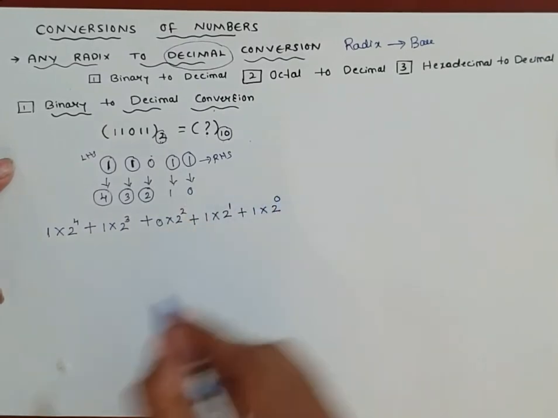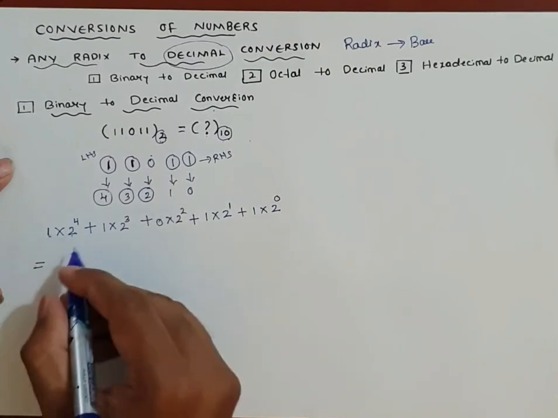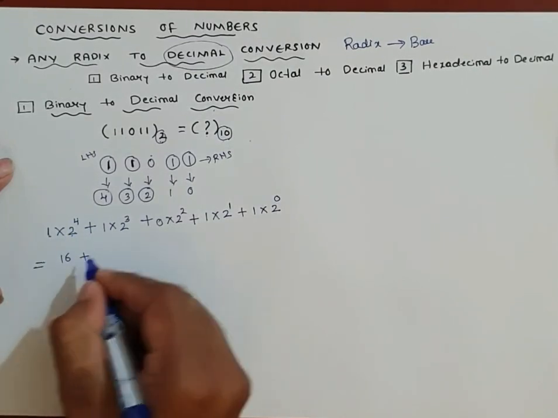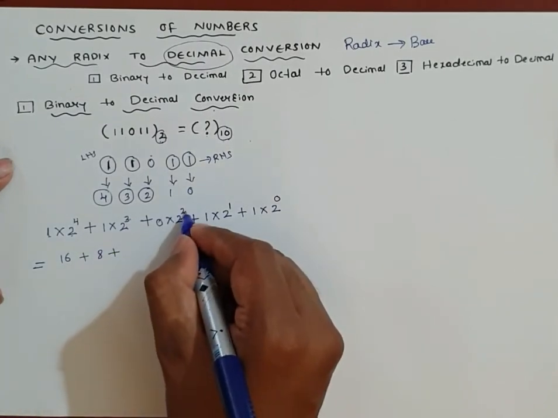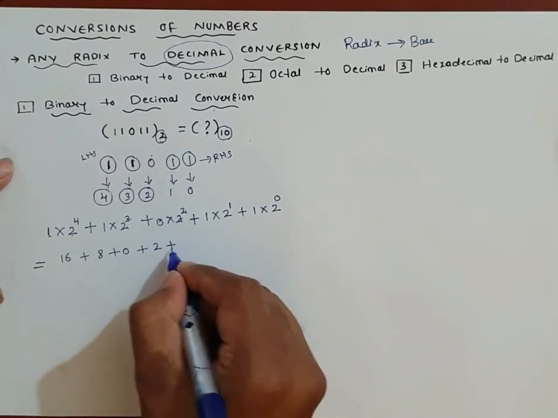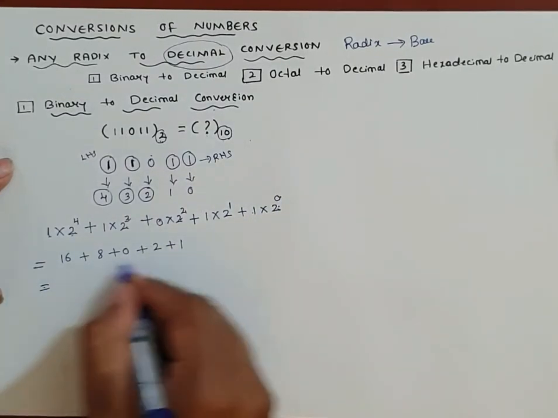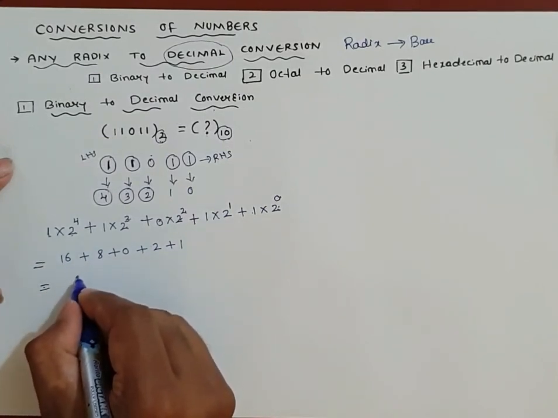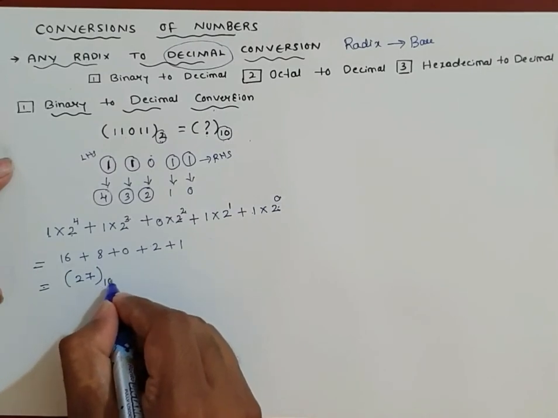It is equal to 2 power 4 is 16, 16 into 1 is 16, plus 2 power 3 is 8, 8 into 1 is 8, plus 2 power 2 is 4, 4 into 0 is 0, plus 2 power 1, that is plus 2, plus 2 power 0 is 1, 1 into 1 is 1. So if I add, the result is 27, which is decimal form.